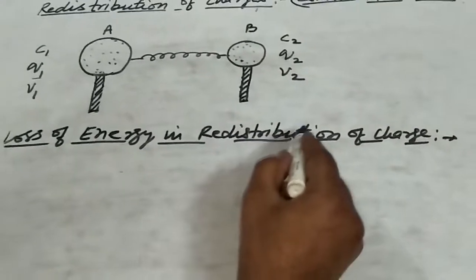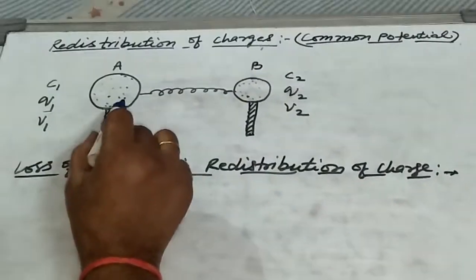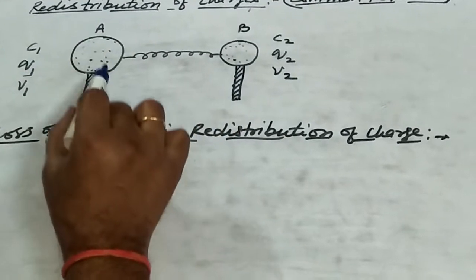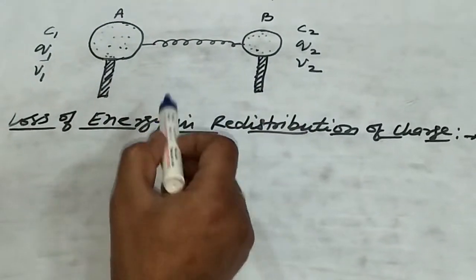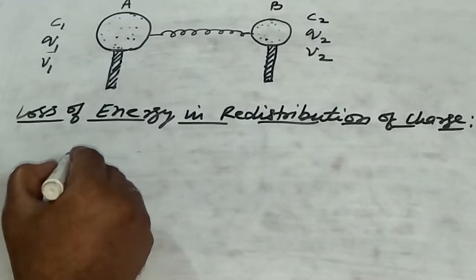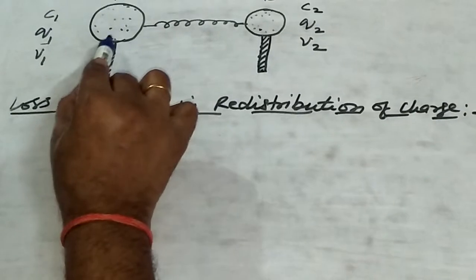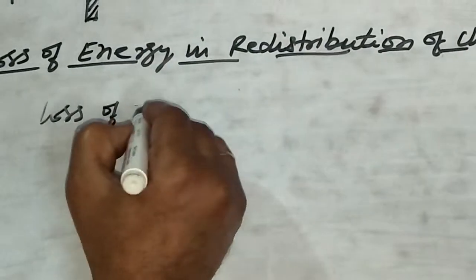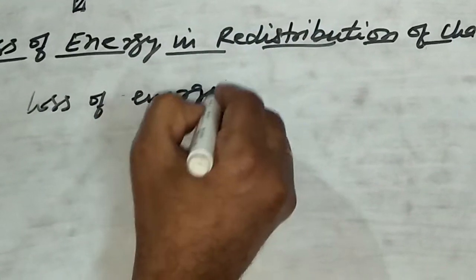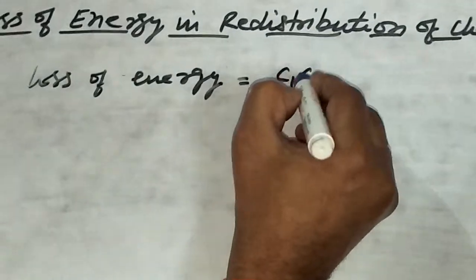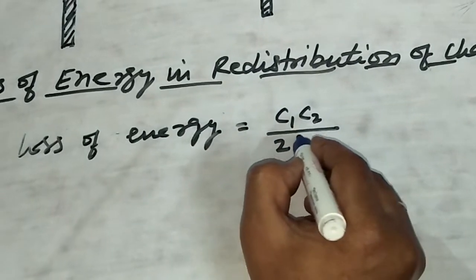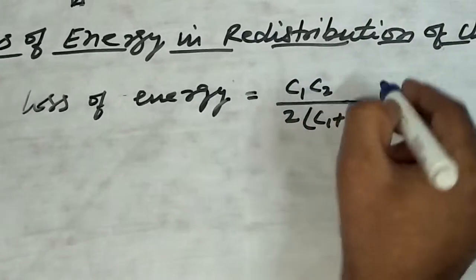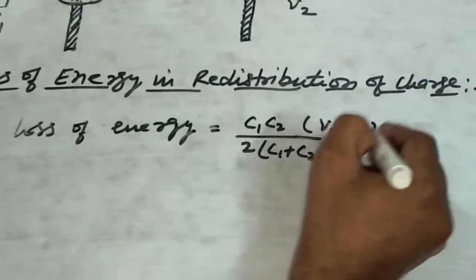And the loss of energy in the redistribution of the charge. When charge flows from a conductor at higher potential to a conductor at lower potential, then the total potential energy decreases, and the loss of energy in this transfer of the charge, or the loss of energy in the redistribution of the charge, is given by, simply we can say, loss of energy is equal to C1C2 upon 2 times C1 plus C2, and in bracket V1 minus V2 whole square.